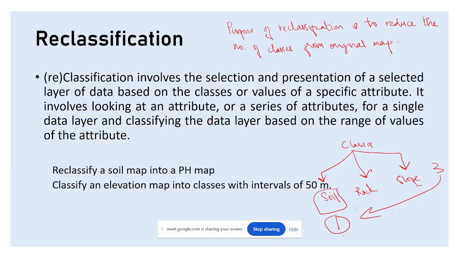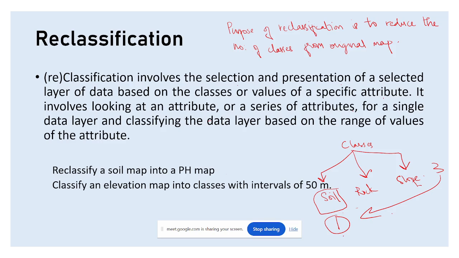Even here they've given the example to reclassify a soil map into a pH map. In this case, you have a soil map, and then you incorporate the pH information, and then you classify it based on the pH instead of just the soil. Or you can even classify an elevation map into classes with intervals of 50 meters. For instance, digital elevation models have a lot of information available, regarding the slope, the elevations, the valleys, mountains, peaks, everything.